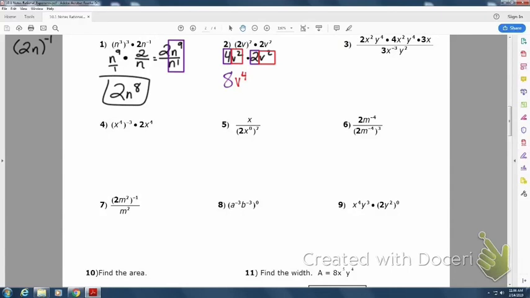So I'm just going to do multiplying like bases. First I'm just going to multiply all of the coefficients. What is 2 times 4 times 3? 24. Okay. Next, what is x squared times x squared times x? X to the 5th.